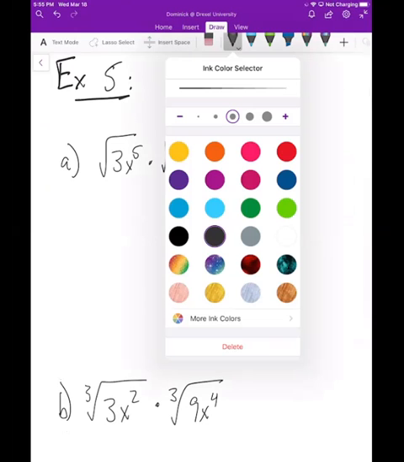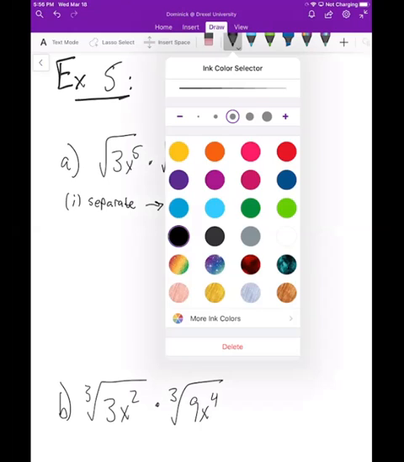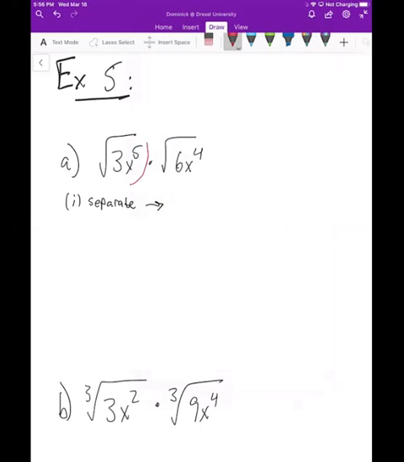All right, so the first thing that you want to do in these types of examples is to separate. What I mean by that is, in this case, the first thing that we would want to do is say, okay, my square root of 3x to the fifth, I want to write that as square root of 3 times square root of x to the fifth.